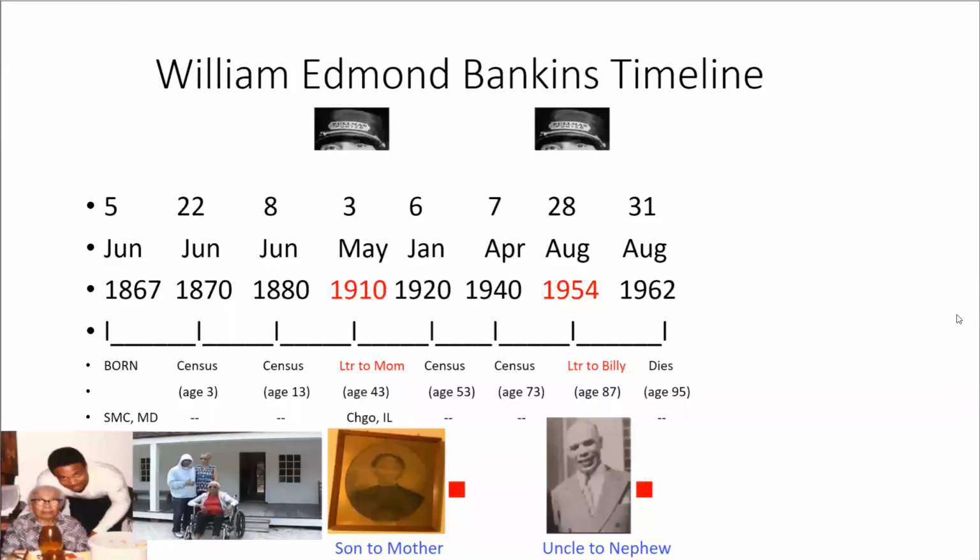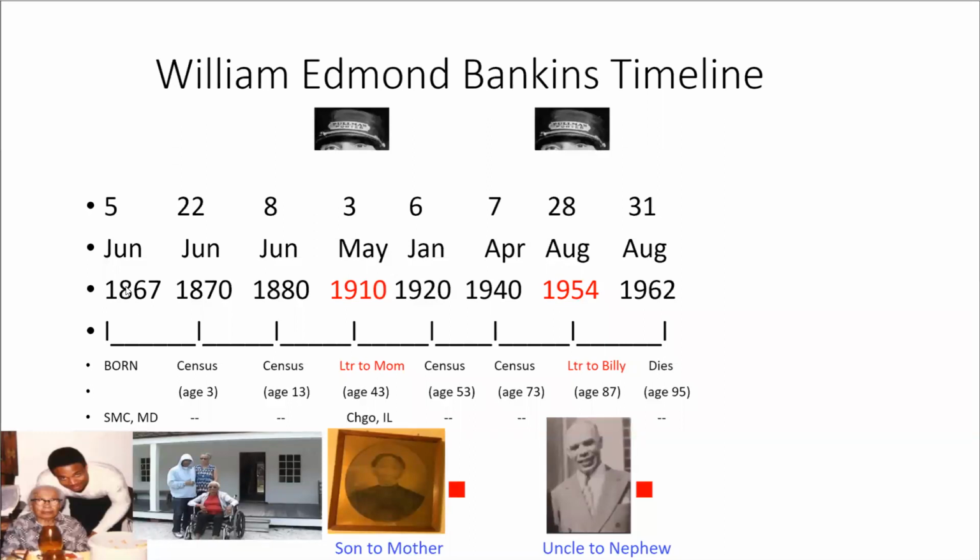Here's the timeline for William Edmund Bankins. He was born in 1867 in Southern Maryland, just after the end of slavery, actually. He was raised in Southern Maryland, spent his early years there, got his formal education there, and at a young age, he decided to do something that many of the other people in that area didn't do. He decided to leave.